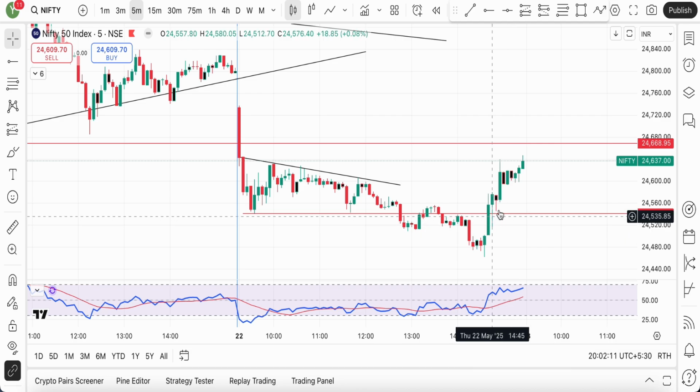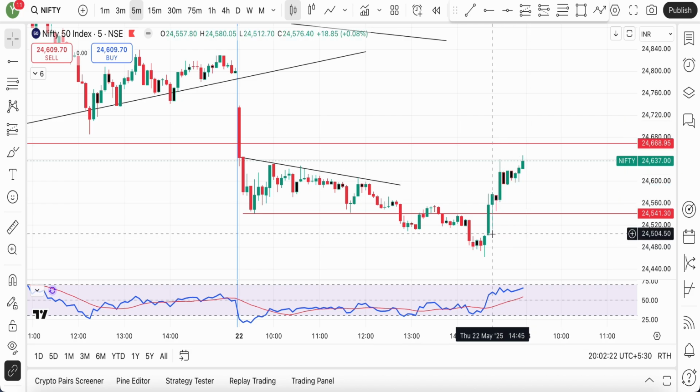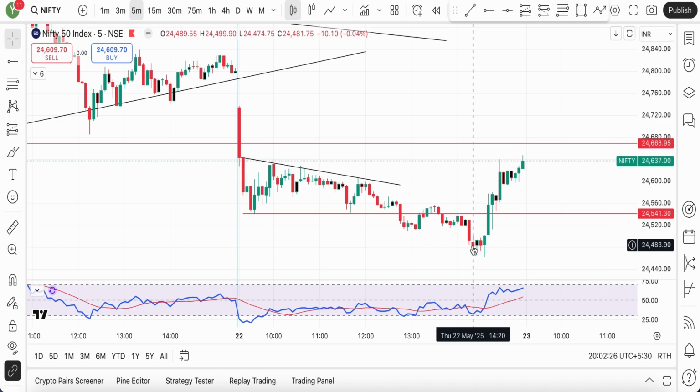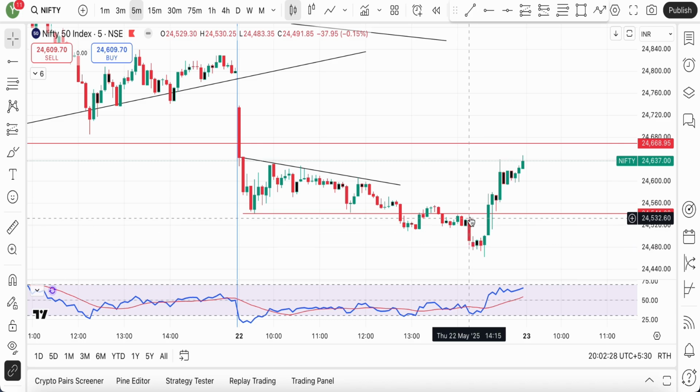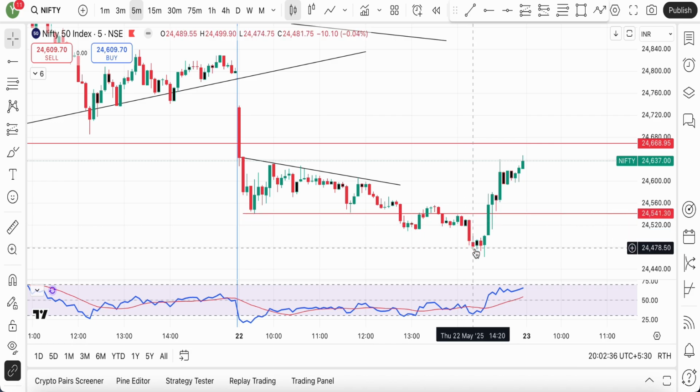At some point when this particular level broke down, the call writing at 24,500 also increased, and the market basically trapped both sides today. First, it broke down below 24,500, trapping people who were long in the market by shorting 24,500 put options. The put prices inflated, and they were forced to exit. The market gave a good momentum in the options on the put side as well.